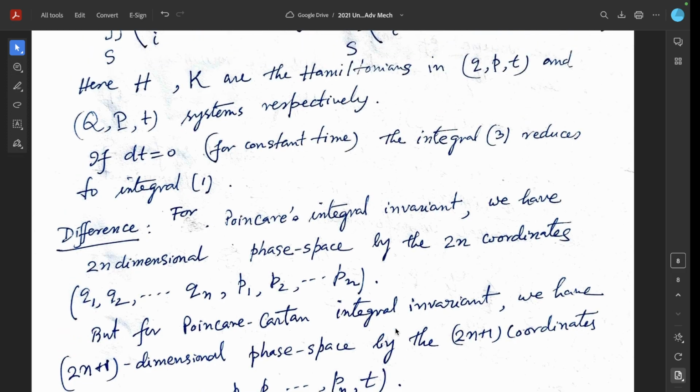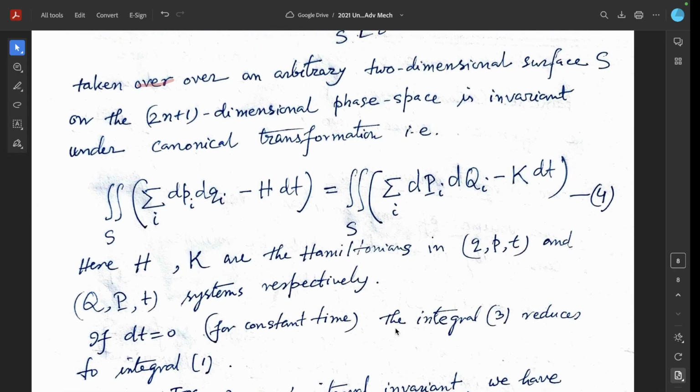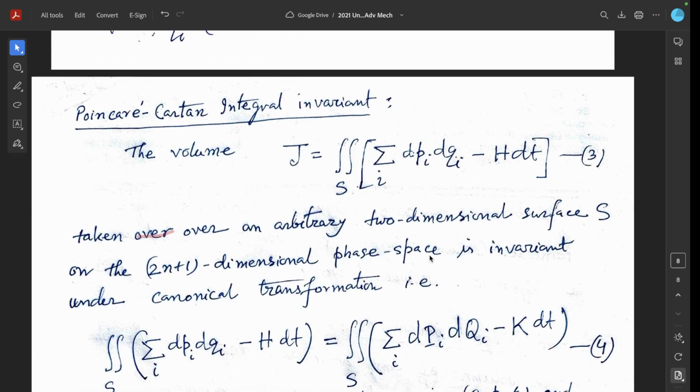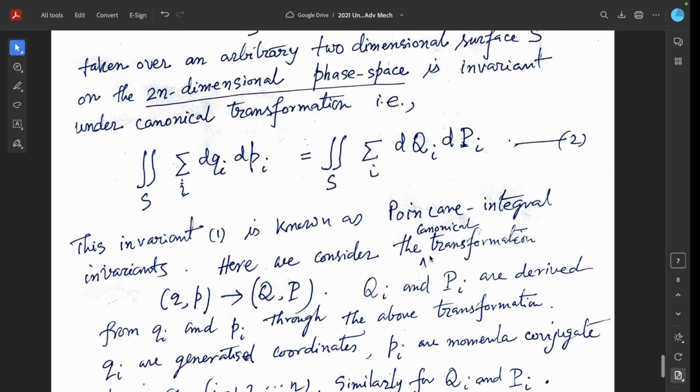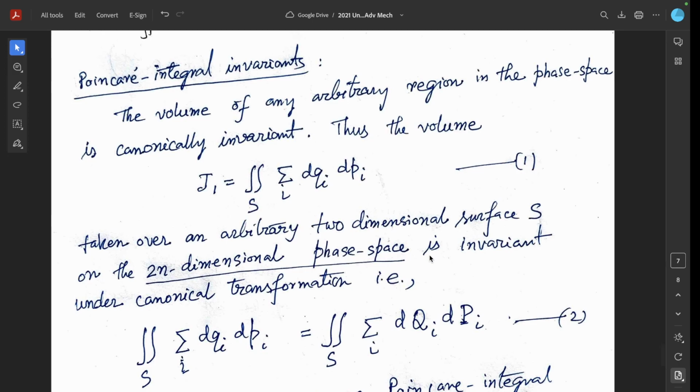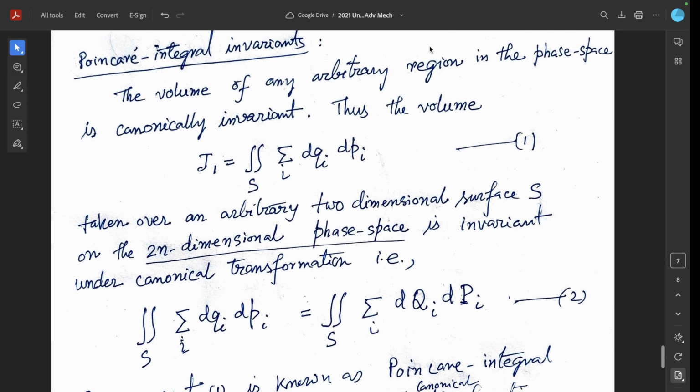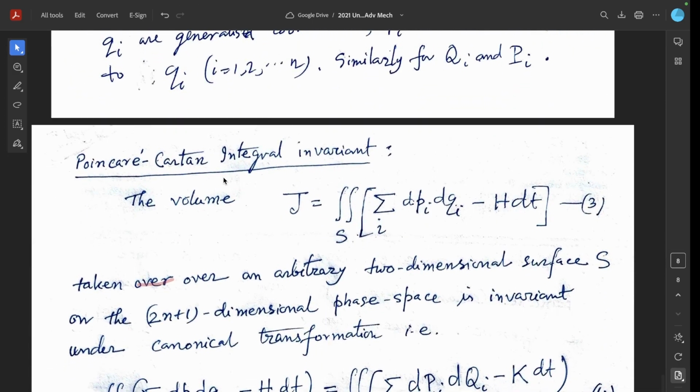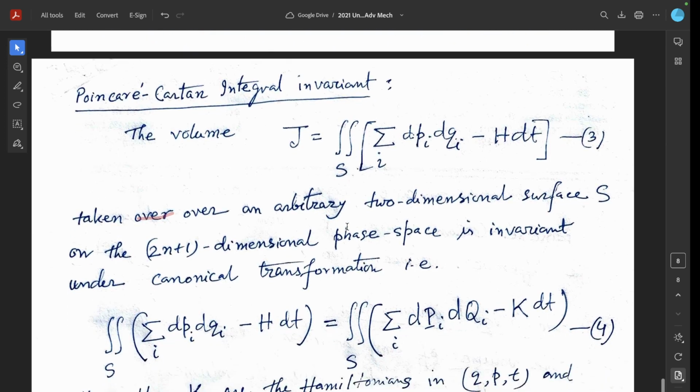And there is another version in many books. The Poincaré-Cartan integral invariant is the more generalized Poincaré integral invariant.